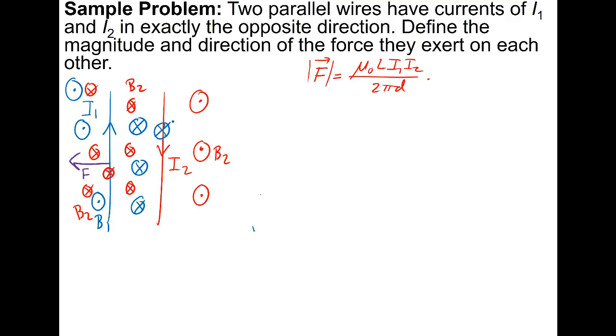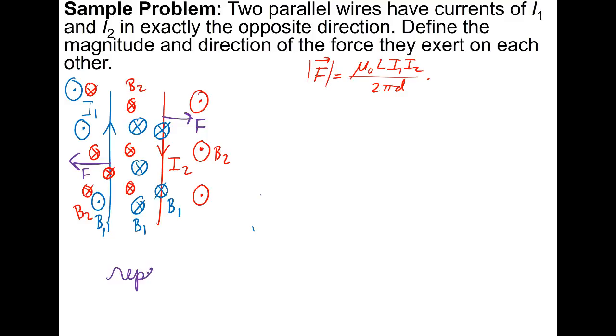So that means that at the location of I2, it's still going to be going into the page. So that's B1 and B1. So your fingers have to point down because that's the current. Your palm points into the page, and your thumb will therefore be pointing to the right.